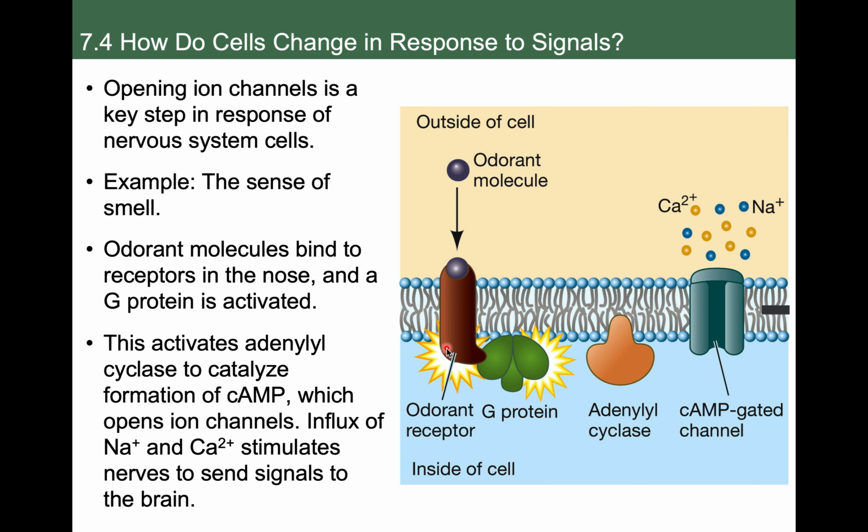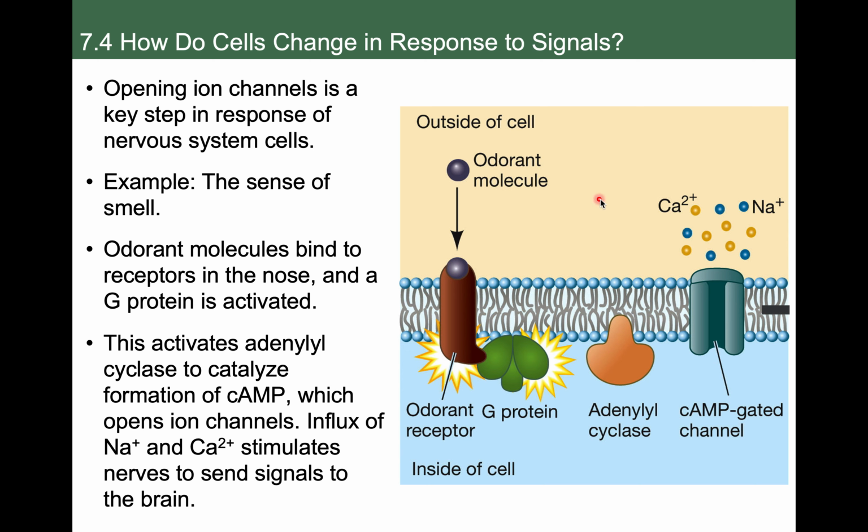The G protein linked receptor gets activated, right? It activates the G protein. The G protein will activate adenylyl cyclase, which produces the second messenger, cAMP, and then the cAMP that's produced will bind to this cAMP-gated ion channel.